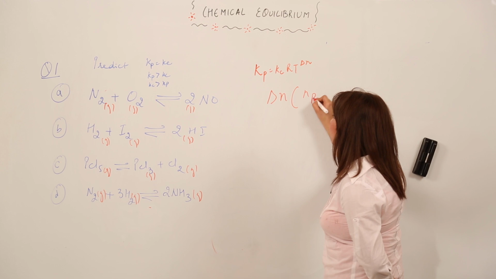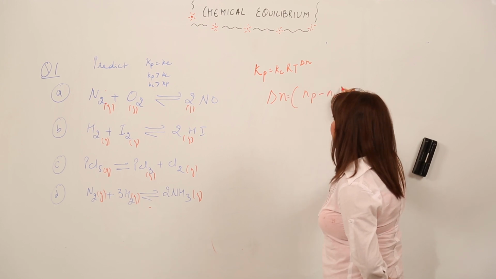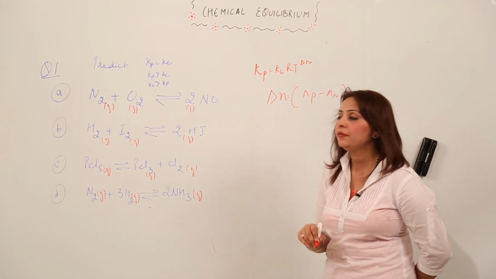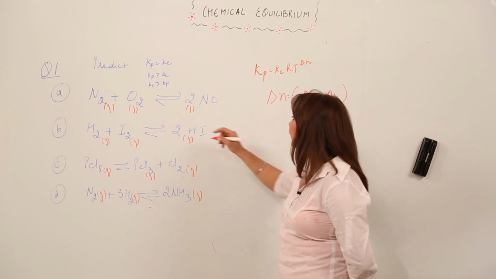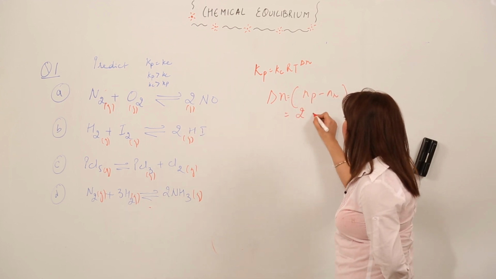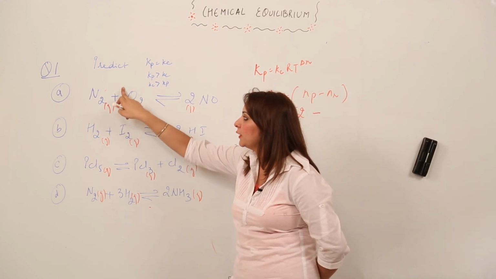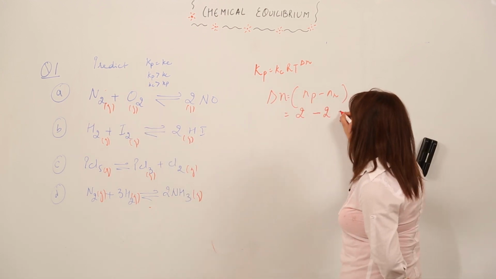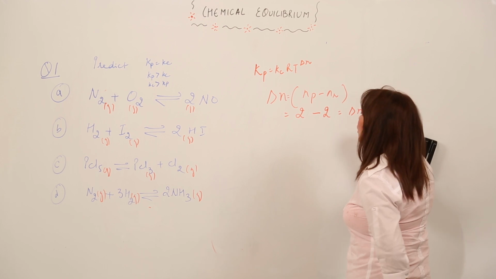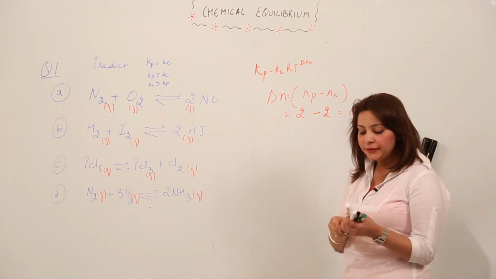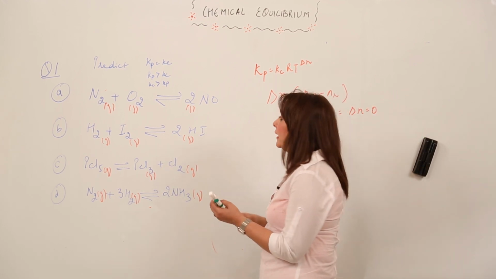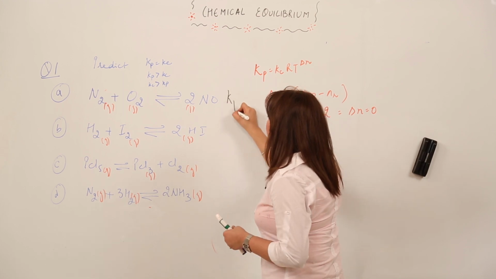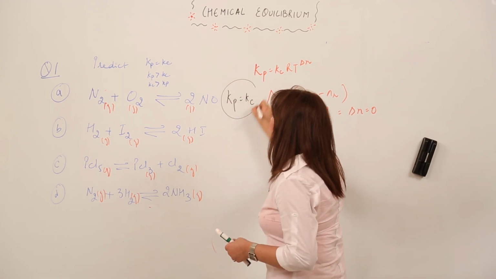You know, moles of product minus moles of reactant. So it is 2 moles of product minus reactant 1 and 1, again 2 moles. So delta n is going to be 0, and we know that when delta n is 0, Kp is equal to Kc. So this is the result.